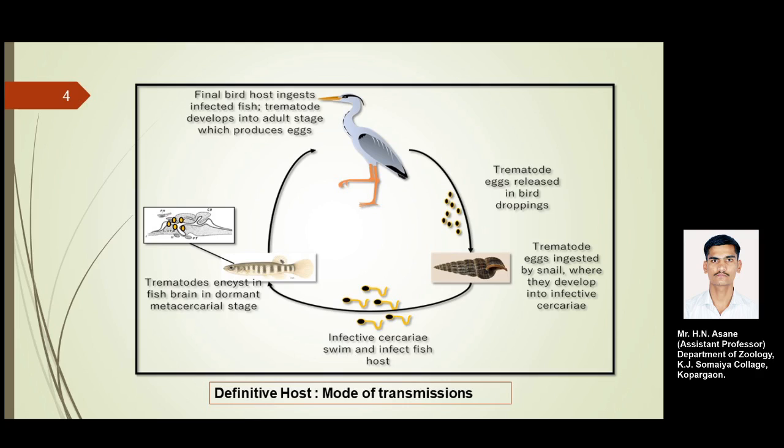These infective cercariae, the cercarian larvae, are the larvae of the trematode, known as the Cercaria, consumed by the snail, and the infective stages have flagella, and these infective cercariae swim and infect the fish host. So here the intermediate host is a fish.